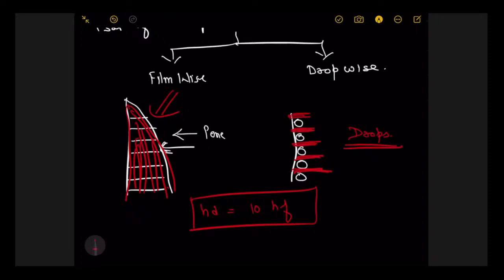When non-condensable gases are present in the condensers, again they will create a resistance and they will reduce the condensation. So that is why non-condensable gases are also not good.